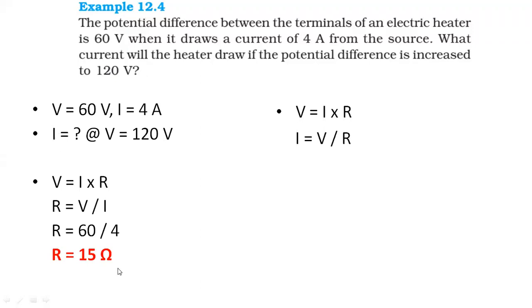So resistance I will use as 15. Where did the 120 come from? From the second case. And where did this 15 come from? Our resistance, the one which we calculated. So 120 by 15. 5 3s are 15, 5 2s are 10, and then 4s are 20. Let me divide it. So the final answer would be 8 ampere. 15 8s are 120.